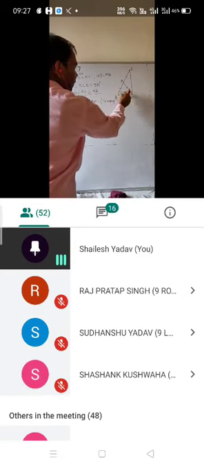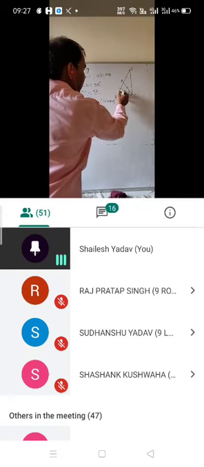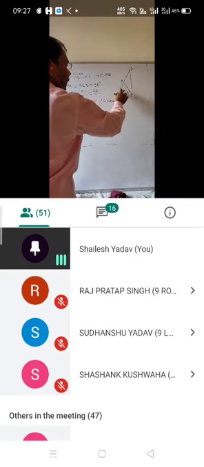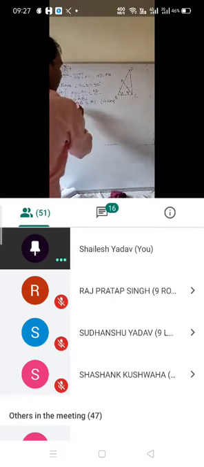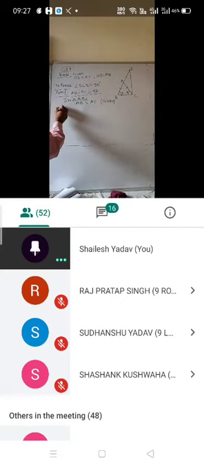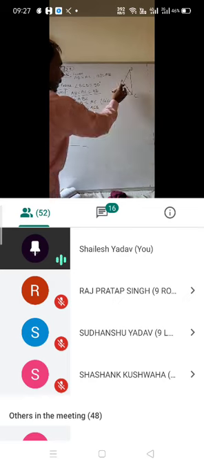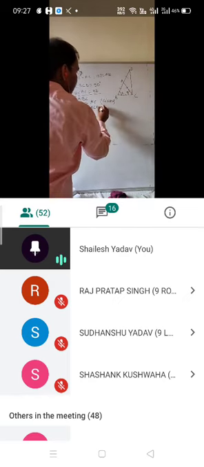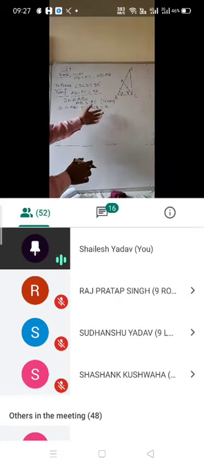Angle B and angle C will be equal. So here I am going to take a variable x for this. The opposite angles of AC and AB will be equal. So you can write angle ABC equals angle ACB equals x. These two sides are equal, that's why these two angles are equal.